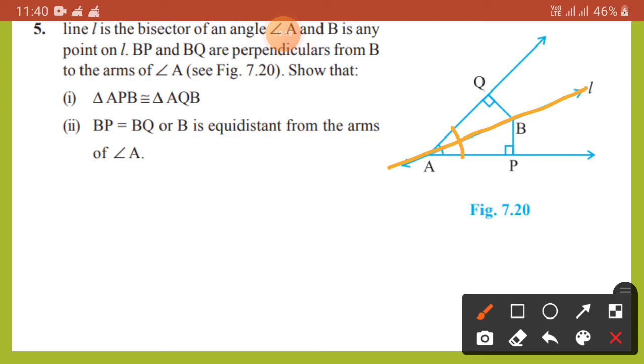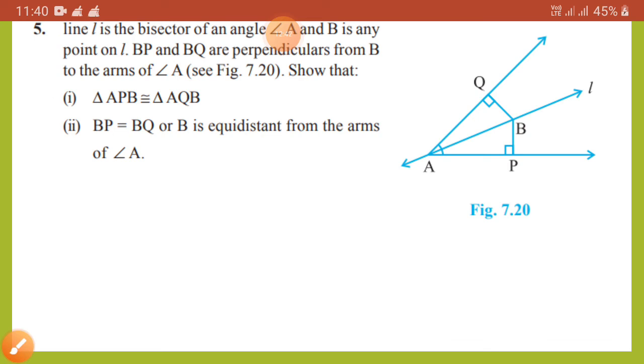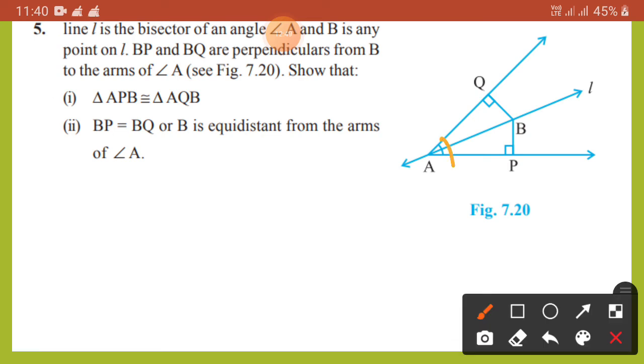B is any point on L. BP and BQ are perpendiculars from B to the arms of angle A. Carefully, the arms of angle A are AQ and AP. B is any point on L that bisects angle A.